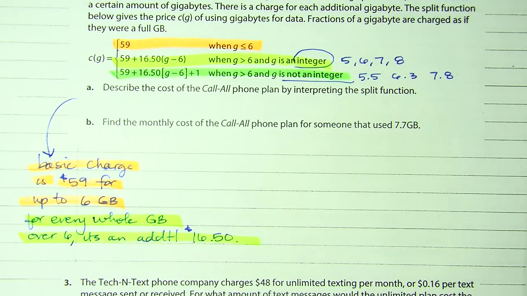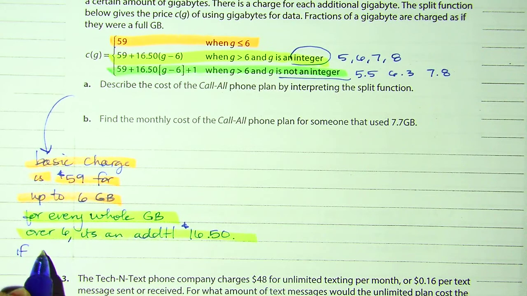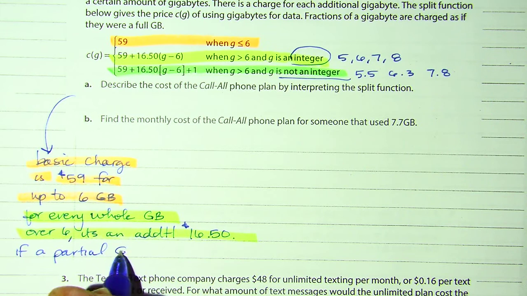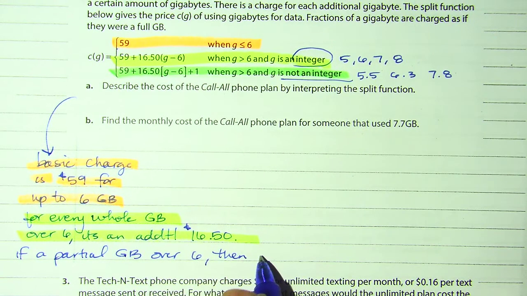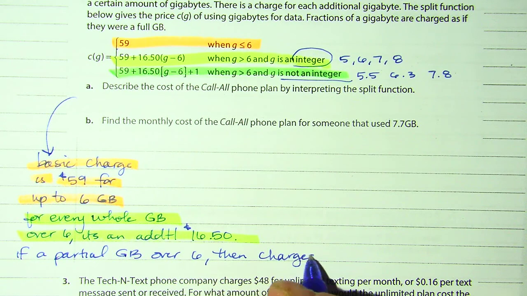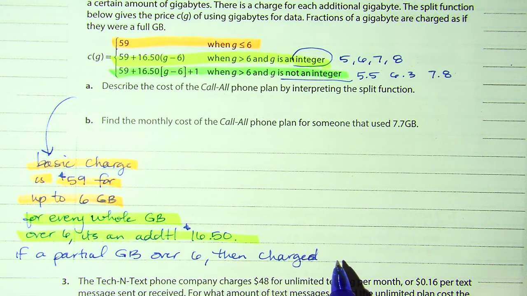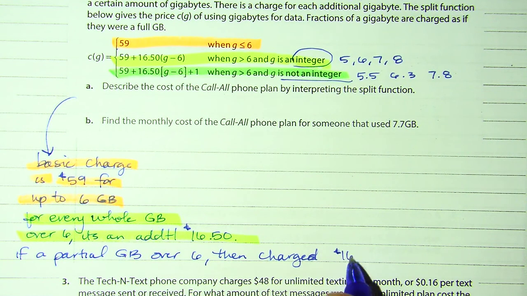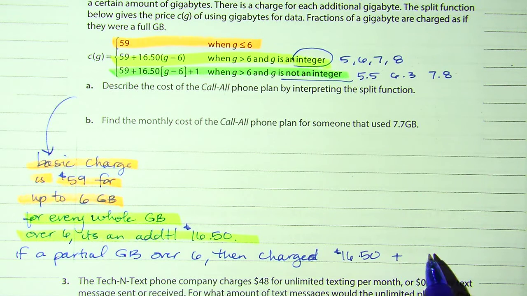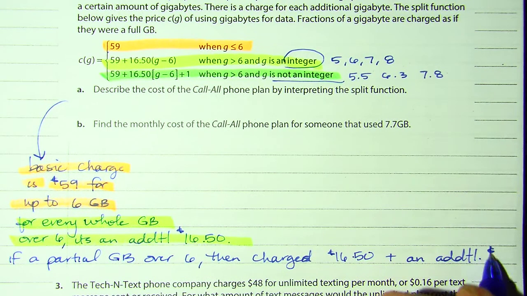And so that last part is if a partial gigabyte over 6, then it's charged $16.50 plus an additional $1.